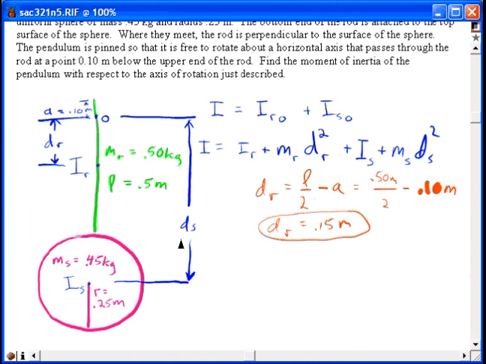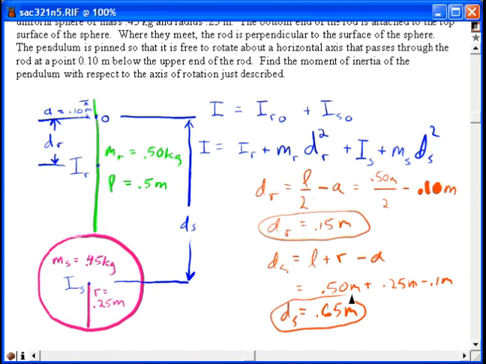And then this distance right here, d sub s, well, it'll be the total distance from the end minus this 10 centimeters. So total distance would be L plus the radius of the sphere, and then minus the little a there, and that's 0.5 meters plus 0.25 meters minus 0.1 meter, or a whopping 0.65 meters.